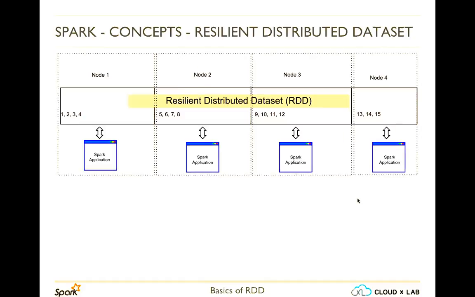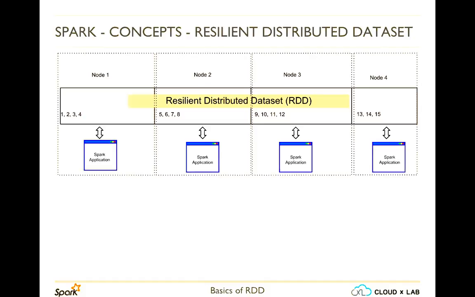So this is how the RDD looks. This RDD has 15 elements from 1 to 15. Node 3 has 4 elements. Which one is missing? Right, node 4 has only 3 elements.